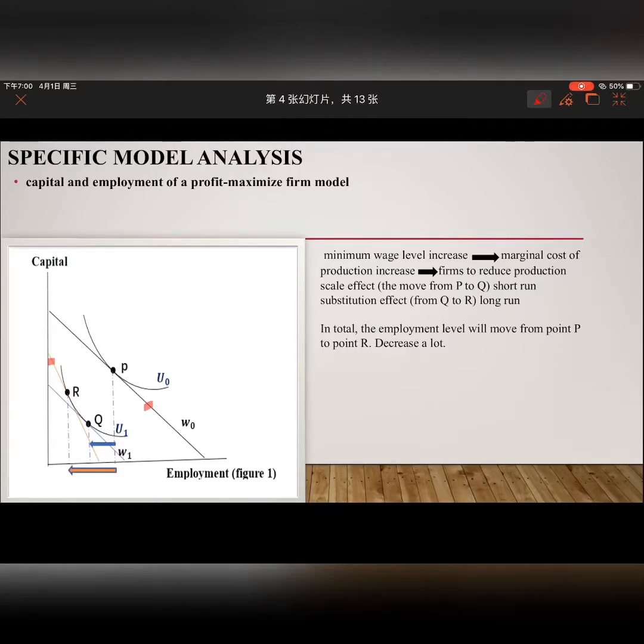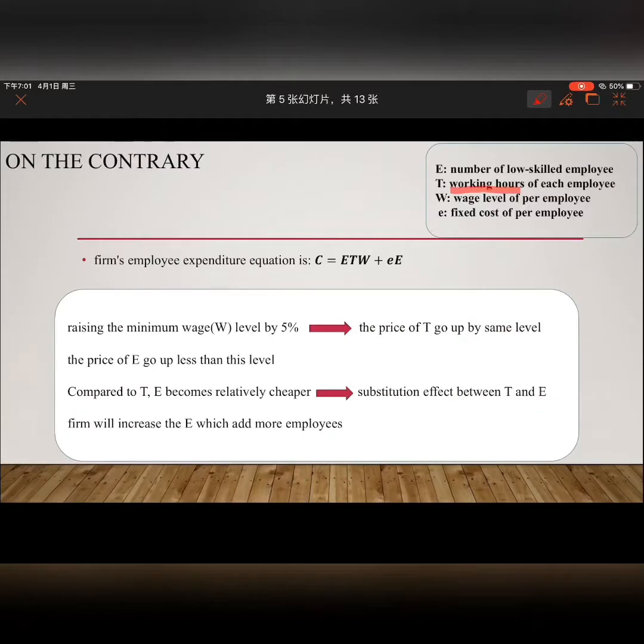The move from Q to R, the firm will substitute the labors in employment with capital. So totally in this case, the employment will reduce a lot from P to R.